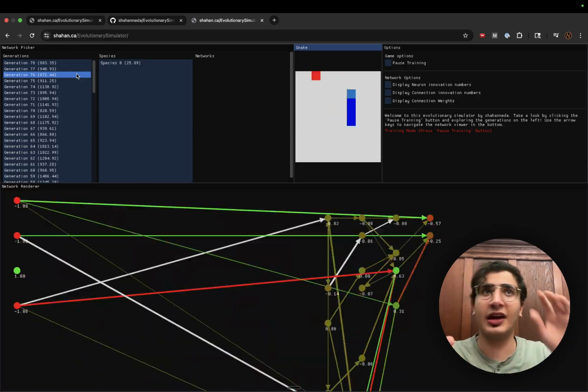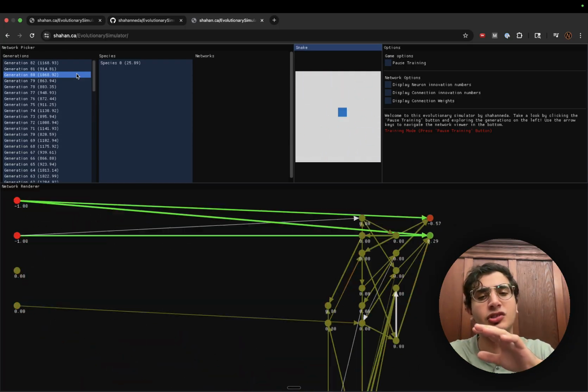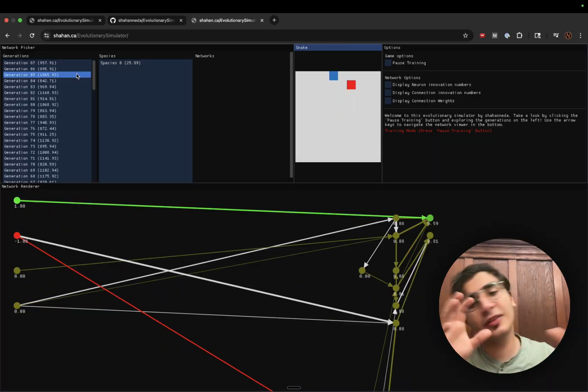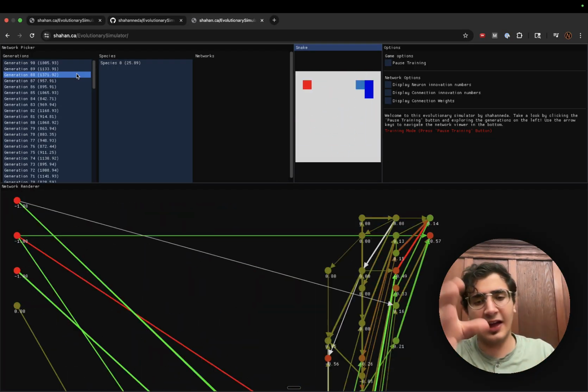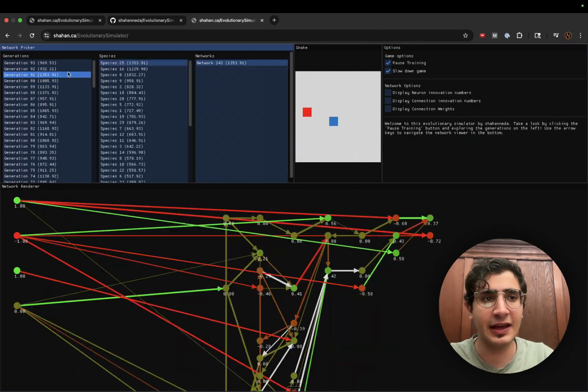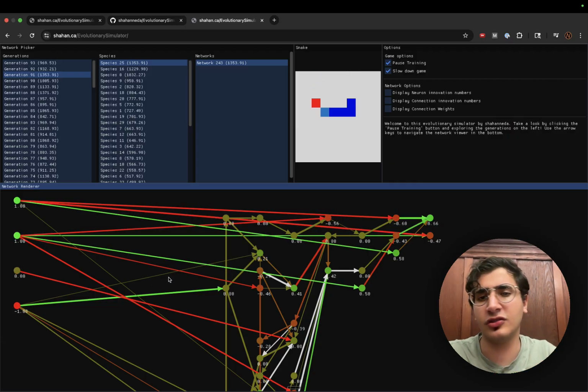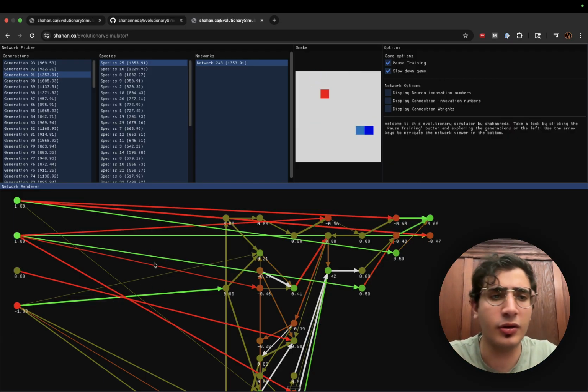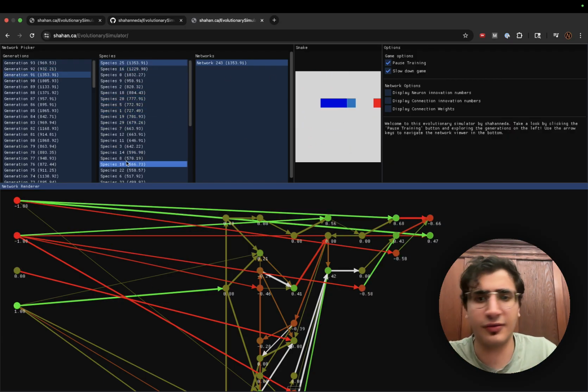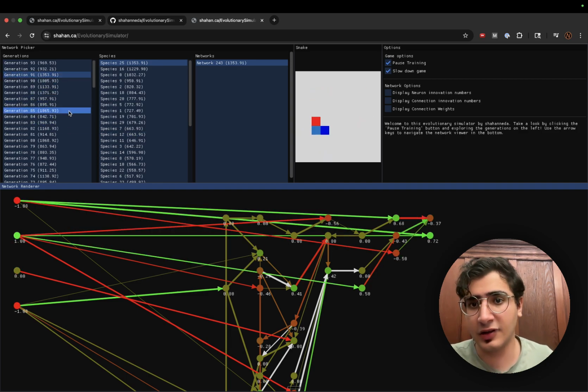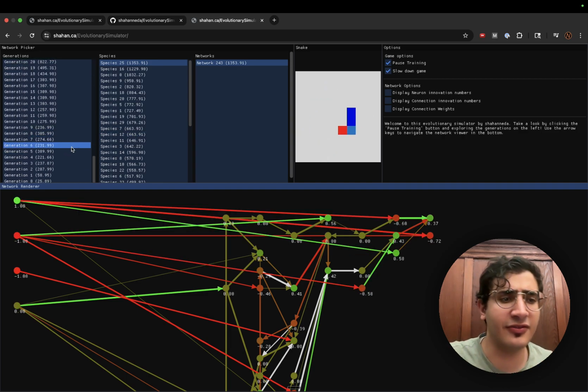I use the 2 threads so that the UI doesn't block the machine learning and the other way around. But I had to be very careful with the locks for the network because it's the same network that's being evaluated and also being visualized. So I had to make sure to be careful with the concurrency. And you can see, just within like 30 seconds of me talking, it's learned pretty well. So it's really cool that it's really fast.